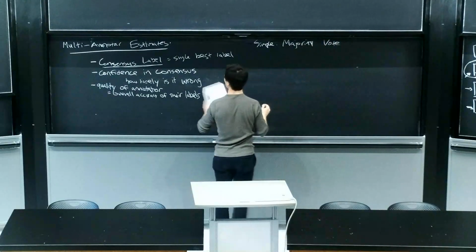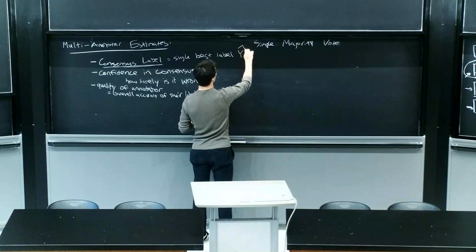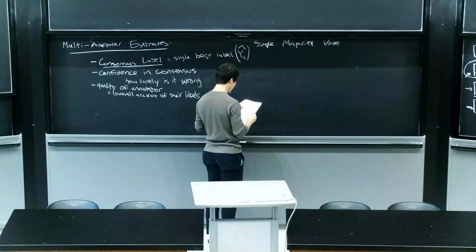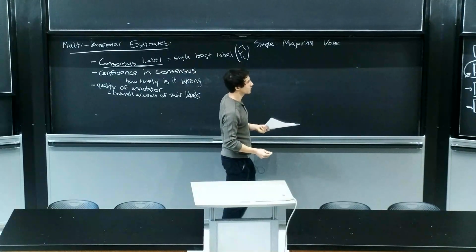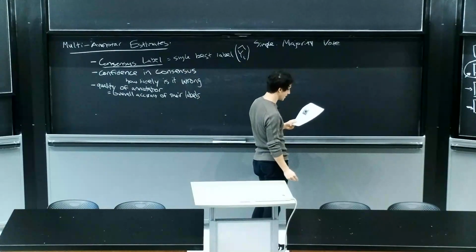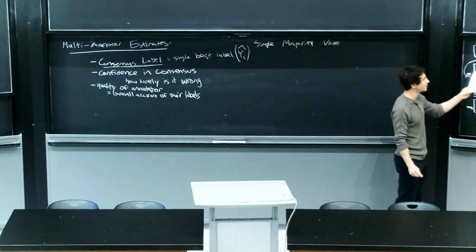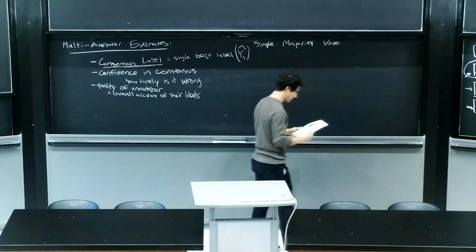And so here we're going to denote the consensus label as y hat i. And that's going to be our best guess for the true label for example i. And so the majority vote algorithm would just count which label is the most common for each example and say that is what we define y hat i to be.